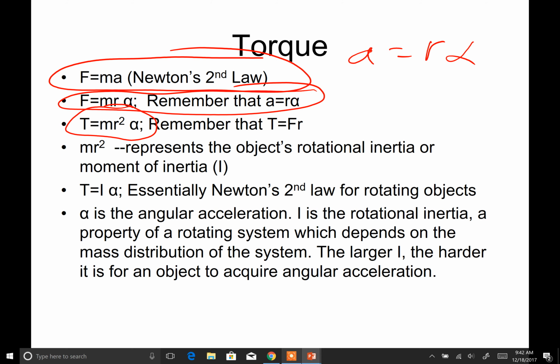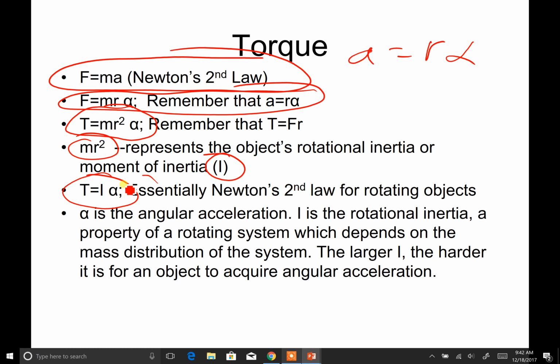Mr squared represents an object's rotational inertia, which we indicate with the letter I. Think of rotational inertia in a rotating system like mass in a linear system. So if we do a little simplifying here, if we use I instead of mr squared, we come up with this equation: T equals I times alpha.